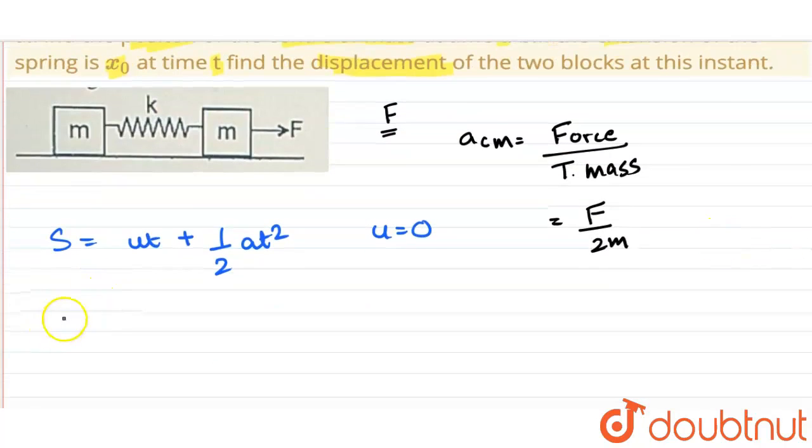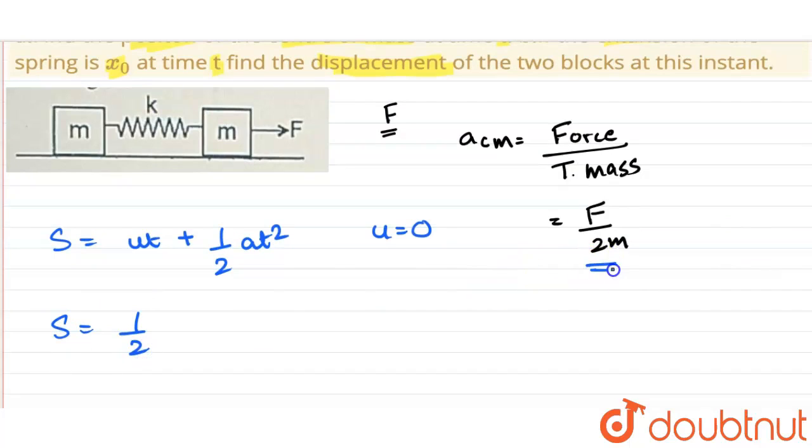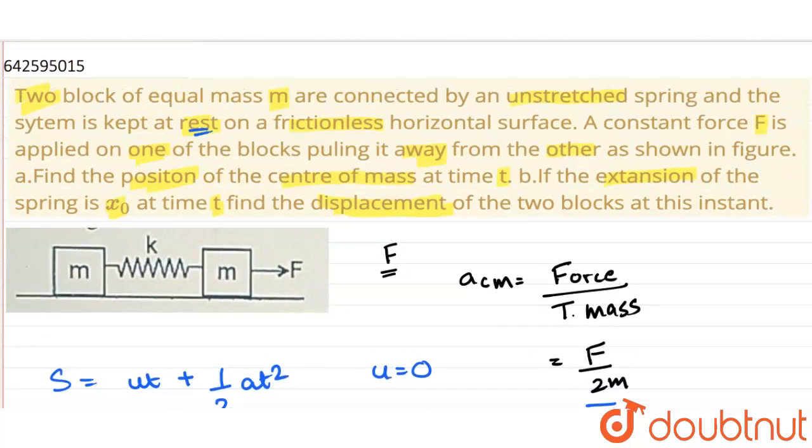So as u is 0, S equals to half acceleration of center of mass, F by 2m, t square. This comes out to be F t square by 4m. So this is the position of center of mass at a time t.